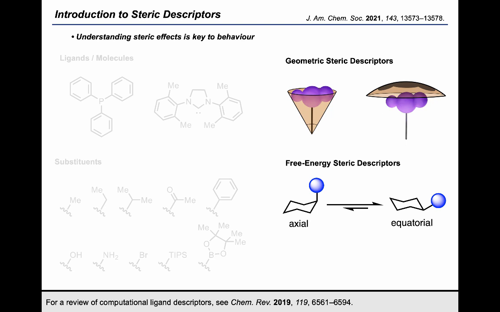So one could imagine the larger the substituent, the wider angle it will subtend, and conversely, the smaller the angle, the smaller the group. Alternatively, there are different steric descriptors out there, including the percent buried volume, an alternative way of interpreting size, which is less geometric in nature, focuses on free energy steric descriptors.